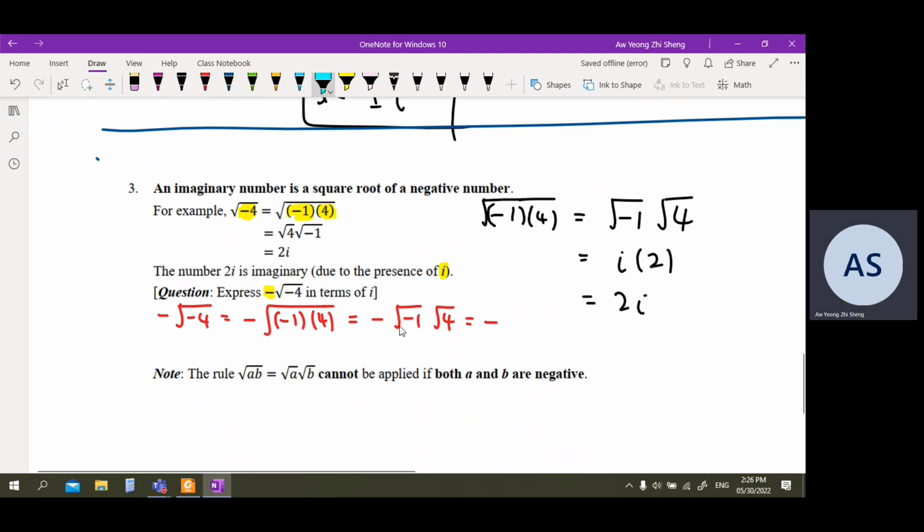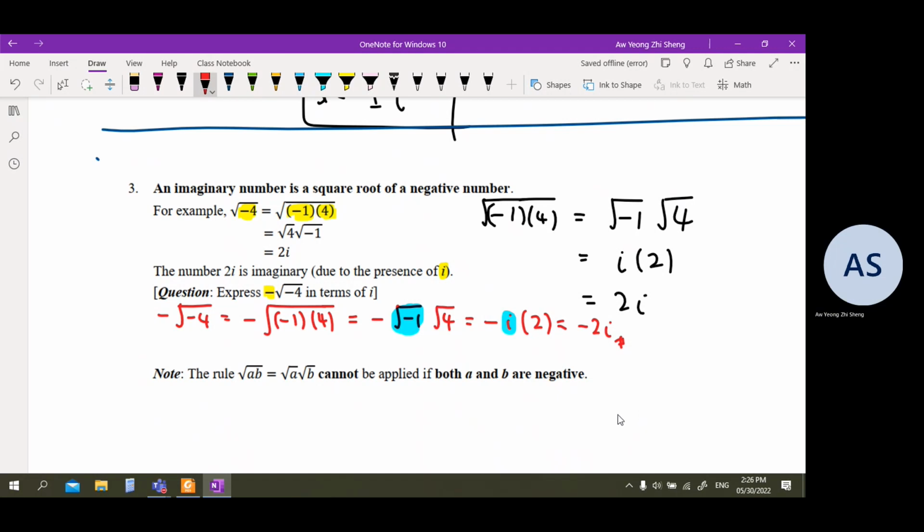The square root of -1, by definition of i, is replaced by i, while the square root of 4 simplifies to 2. So we end up having -2i, and -2i is the most simplified form.